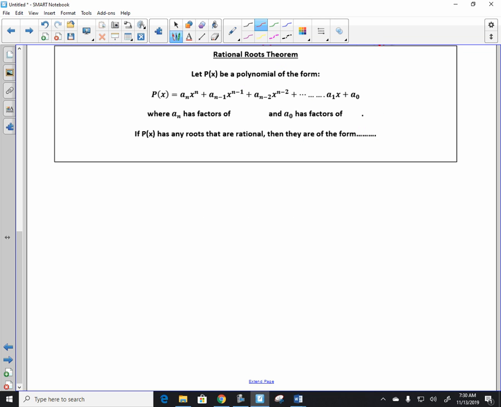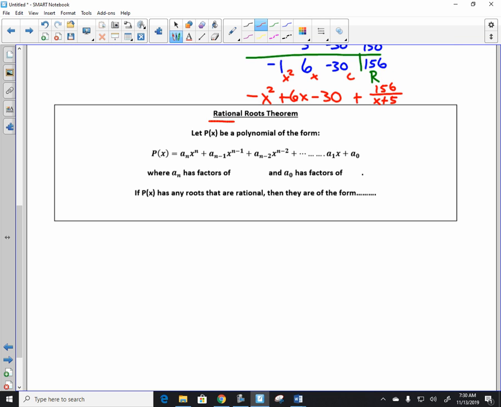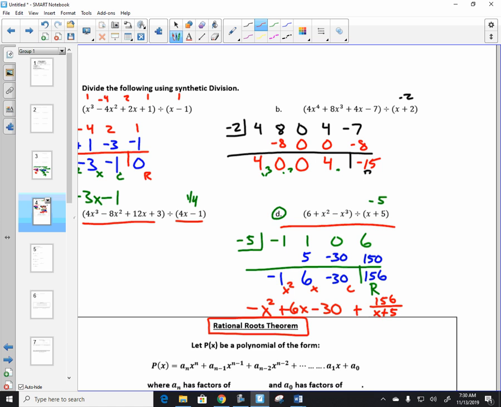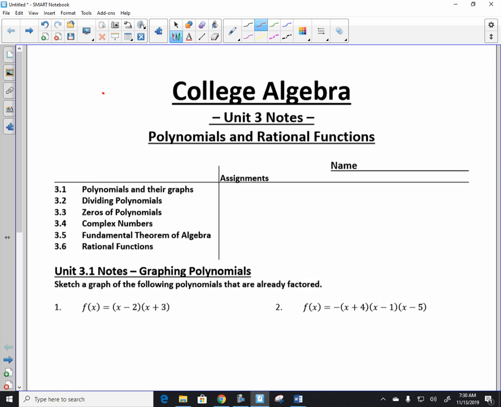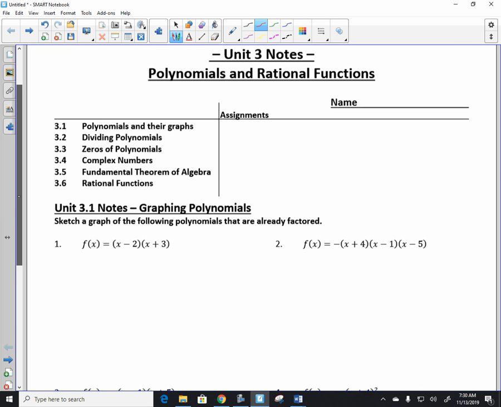On Monday, we investigate the rational roots theorem, which I think is the coolest part of algebra. That and the fundamental theorem of algebra, which is what we're getting into. Super exciting stuff. The basis for this, you need to be able to divide polynomials, which is your assignment today, and you should be able to know how to graph polynomials, which is what we looked at earlier.